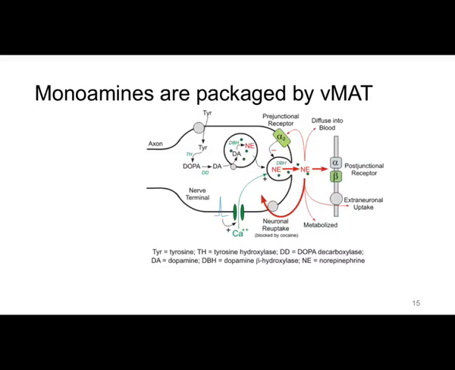This transporter is found in serotonin cells, dopamine cells, and norepinephrine cells. In serotonin cells, serotonin is pumped into the vesicle by VMAT. In dopamine cells, dopamine is pumped into the vesicles by VMAT. In norepinephrine cells, dopamine is pumped into the vesicles by VMAT and then converted into norepinephrine by the enzyme DBH, as shown in this figure here.